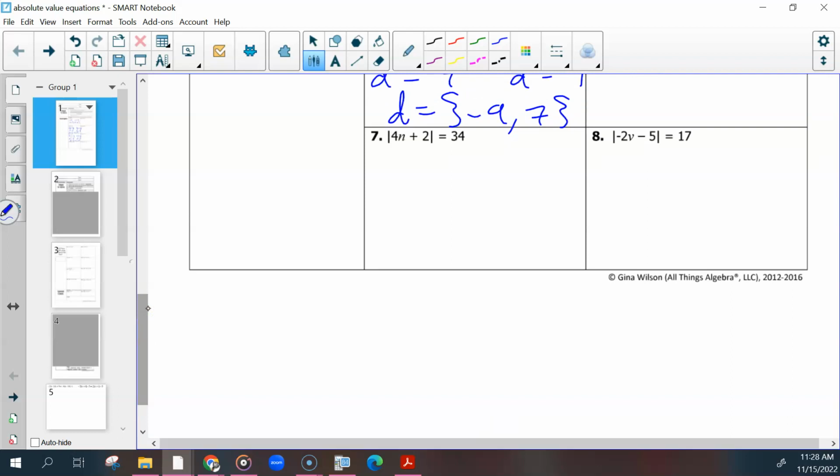Okay. So same as before, the absolute value, we need to make sure it's by itself. There's nothing outside of there, so we can set the inside equal to a positive and negative version. And solve both equations. Subtract 2.